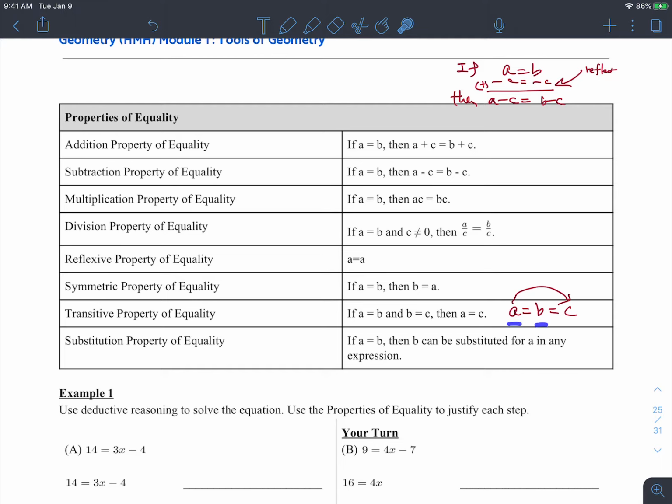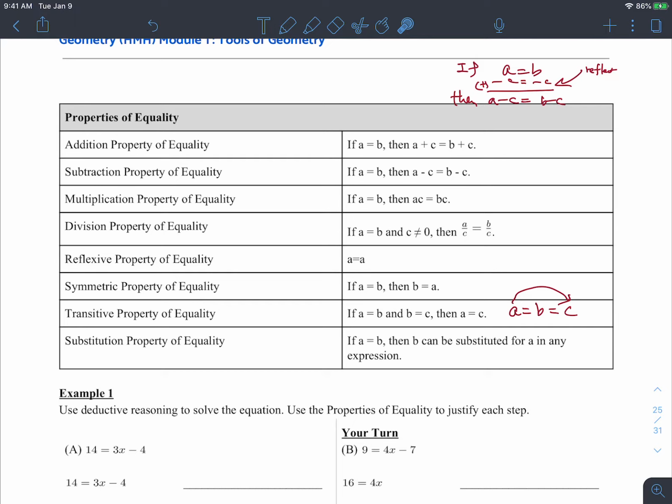If A is equal to B and B is equal to C, then going all the way across, A must be equal to C. Do you see that argument right there, guys? That's the transitive property. And it works not just with equations, but with congruence statements and also similarity statements. We'll talk more about that later.